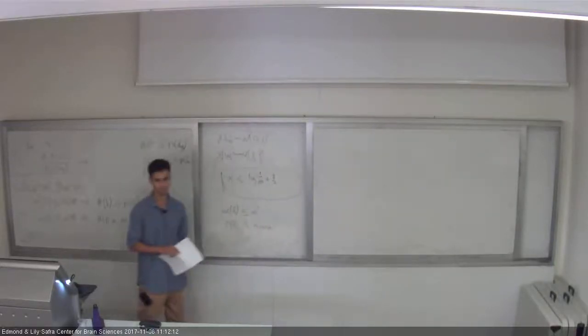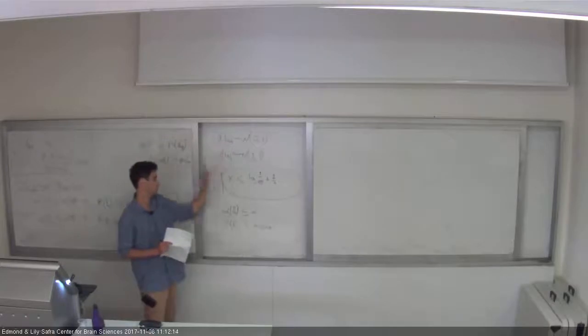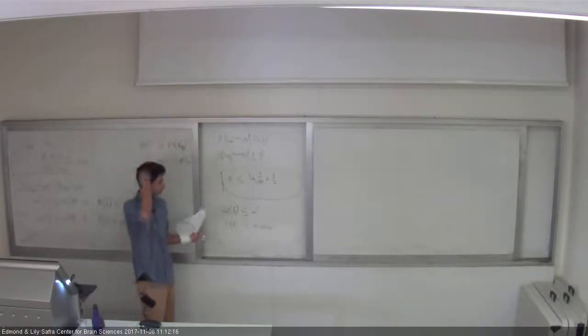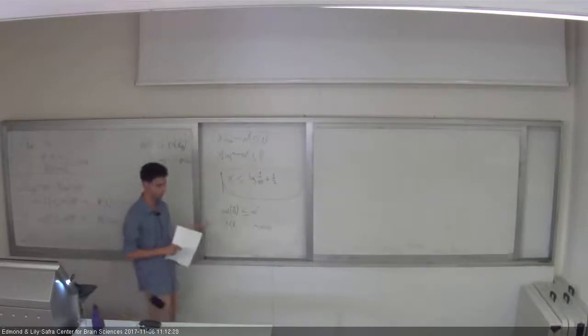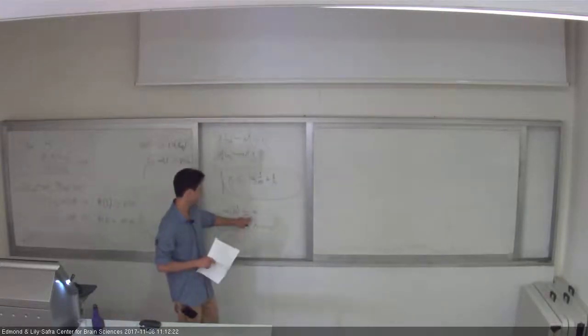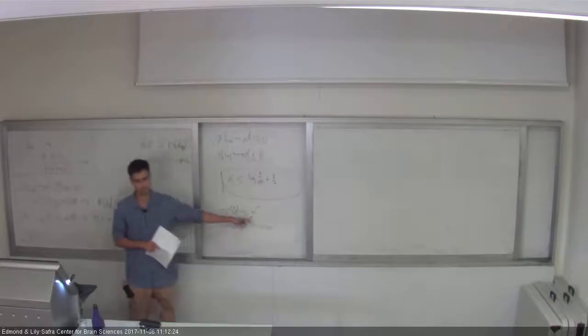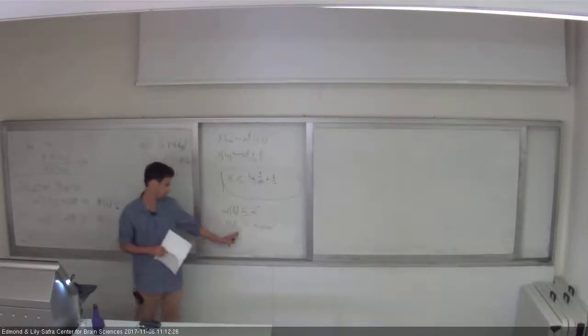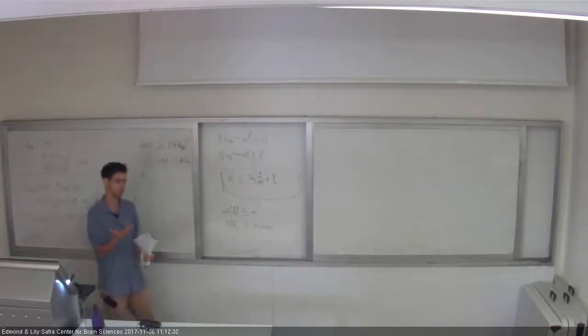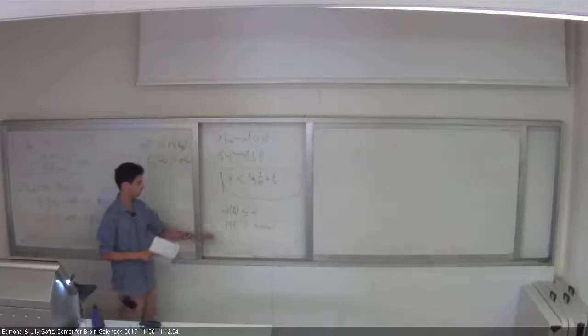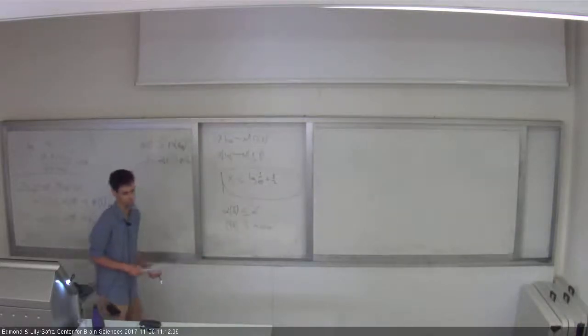Okay, so now we have these two distributions, and we want to find some test that will give us some constraint on alpha, and we also want beta to be minimal. The best test that will give us this constraint.